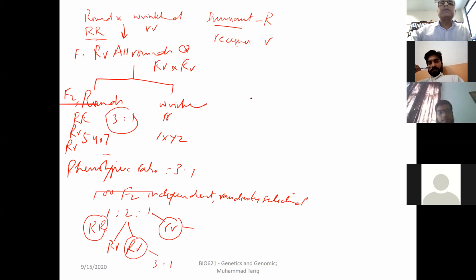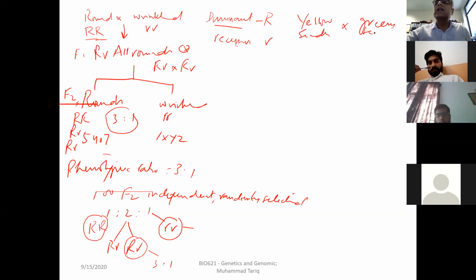Now, he did such experiments with many different traits. For example, he crossed yellow-seeded peas with green-seeded plants. He found all F1 is yellow.